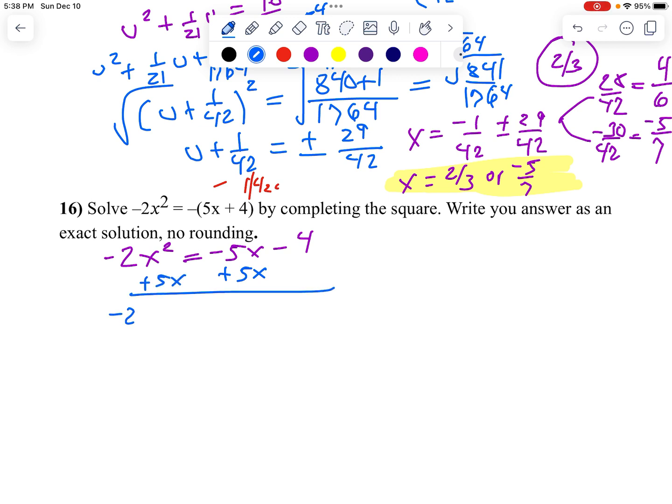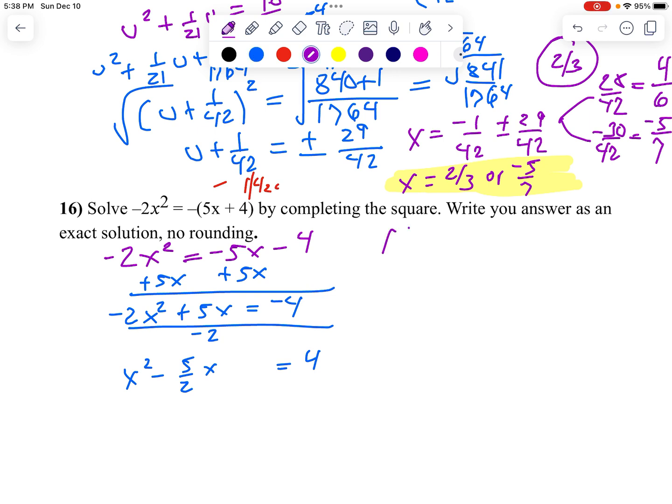So we get negative 2x squared plus 5x equals negative 4. I'll divide everything by negative 2. So we'll get x squared minus 5 halves x equals a positive 2.